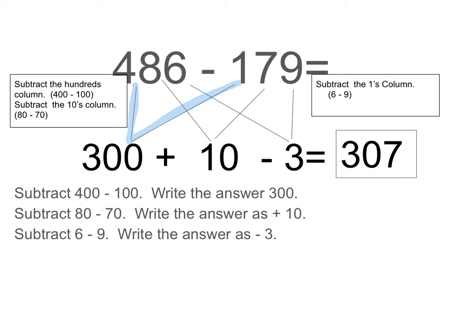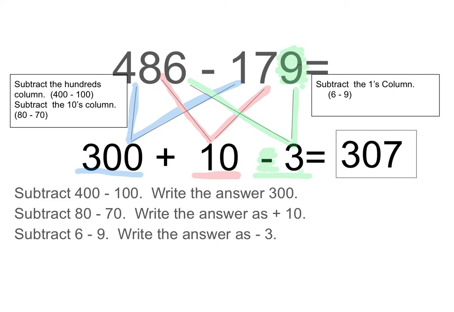So 400 minus 100 equals 300. Now 80 minus that 70 is a positive 10. Our ones is 6 subtract 9. Notice our 9 is larger than the 6, so the answer is a negative 3.